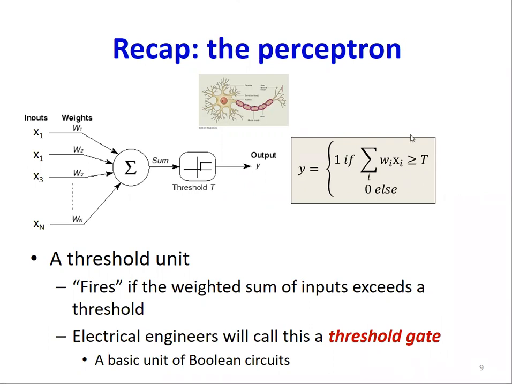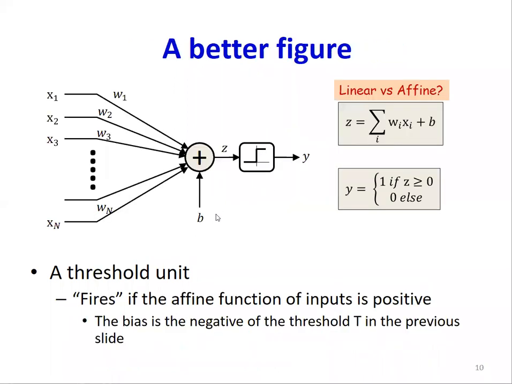The operation is like what is given in this equation. You compute a weighted sum of the inputs, the sum over i of Wi Xi, where the Xi's are the inputs and the Wi's are the weights. If this matches or exceeds a threshold T, the output of the neuron is 1, otherwise it is 0. And we can write this differently.